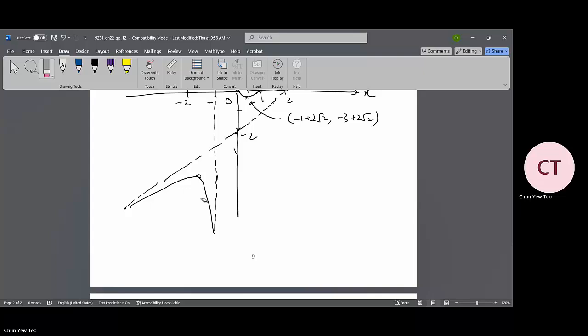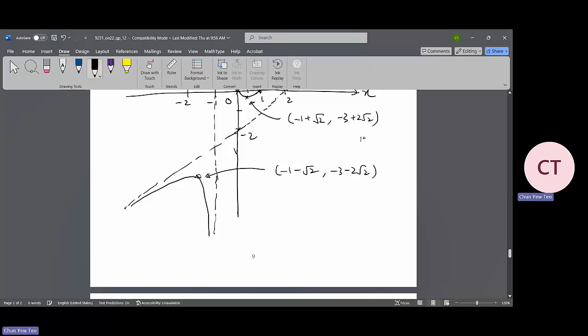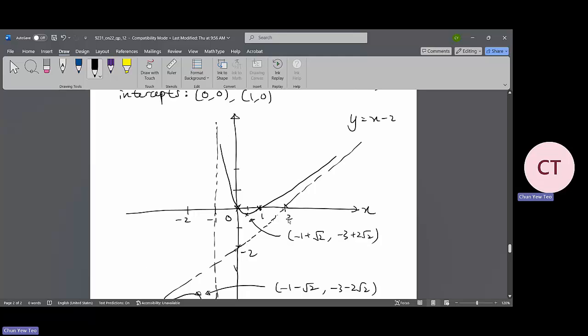Need to show the features. This maximum point is (-1 minus √2, -3 minus 2√2). Okay, so this will be the maximum point and the minimum point.